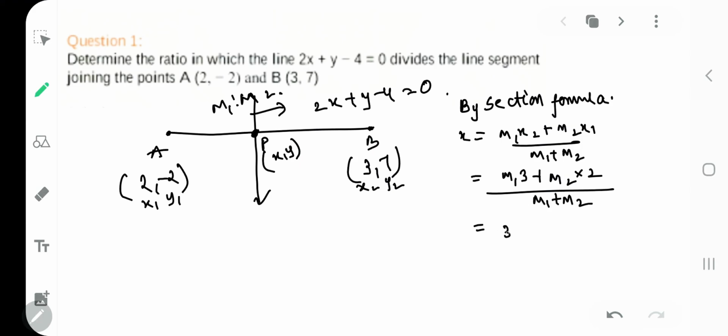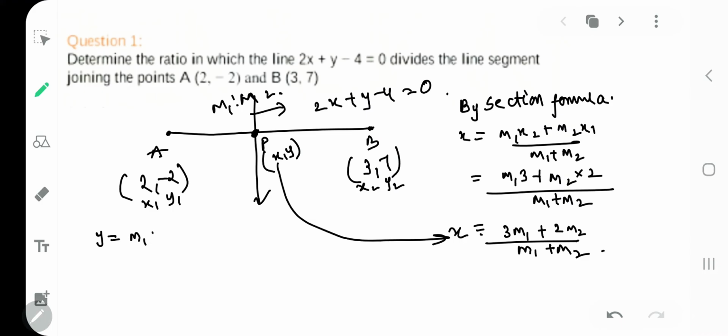So you got (3m1 + 2m2) upon (m1 + m2) as the x coordinate of point P. Similarly, I'll find y: y = (m1 y2 + m2 y1) upon (m1 + m2).